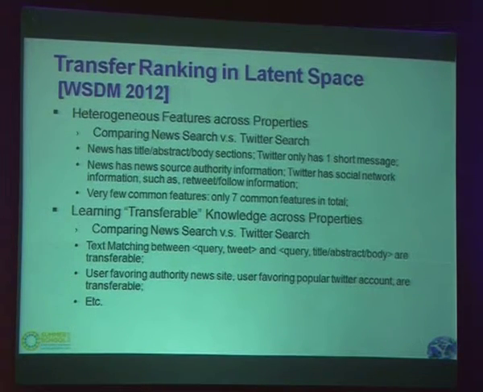So for news, we have title section, abstract section, and body section. But for Twitter, there is only one section, right? Just a small tweet. And for news, we have news source or authority information. For example, if a news is from Yahoo, maybe we believe it is more trustable. If a news is from some blog site, maybe it's less trustable. And Twitter doesn't have any source or authority information, but Twitter also has some social network, right, because it has some retweet relationship and follow relationship.